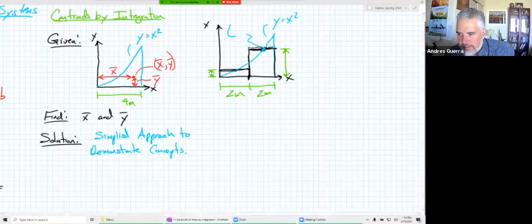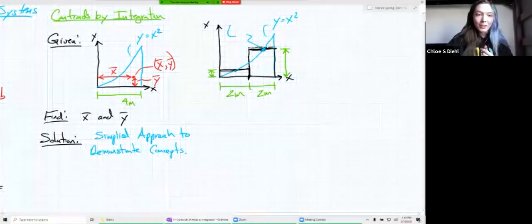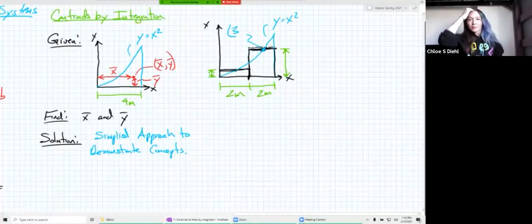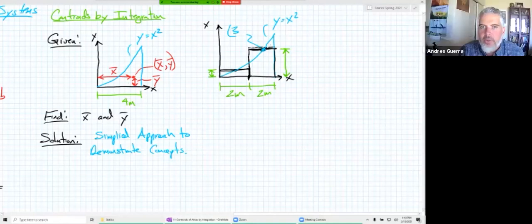Would it be around 3? Yeah, it's around 3. It's exactly 3. I'm assuming my picture may not be perfect. And so I'm just assuming, yeah, we're right in the middle though. 3. And then doesn't that mean that we can find the y value? Because that would just be x squared, right? So if we know what x is, we can find y, because that's just 3 squared.